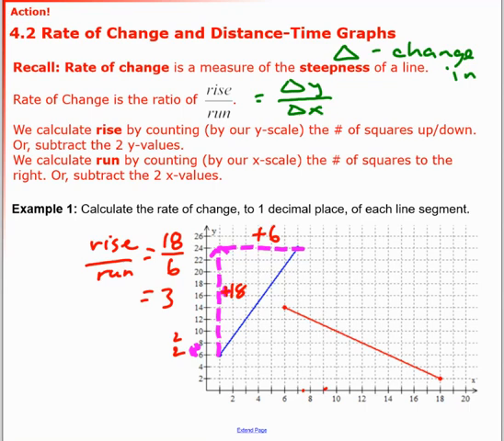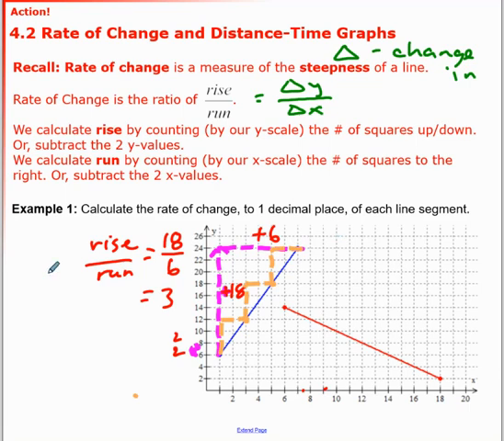There are other ways you could have done it. We could have done that in a step scenario, where we just find where it hits all these nice grid points. We could have said up 6 over 2.